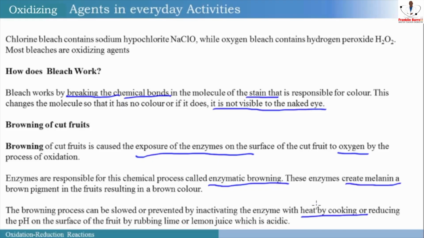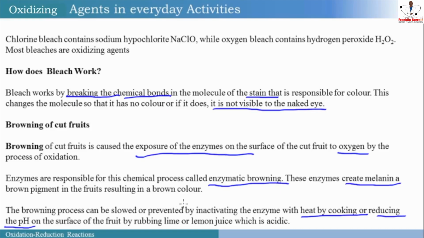If you cook, the increase in temperature will cause the enzymes to become denatured, because the heat will denature the enzymes. Another way is by reducing the pH. In other words, if you lower the pH, these enzymes cannot operate in acidic conditions.